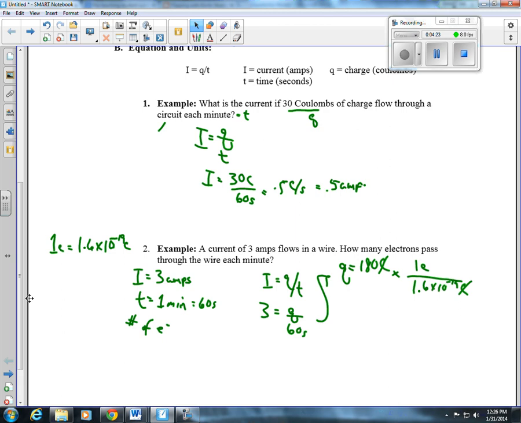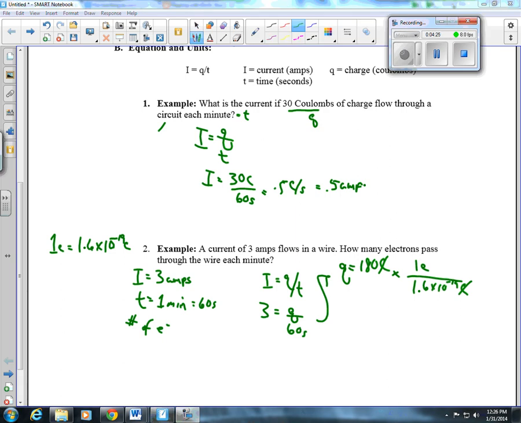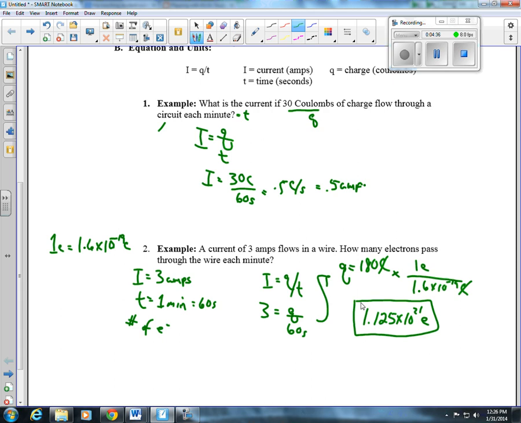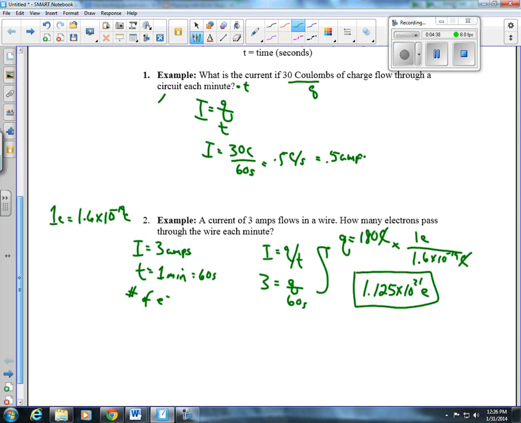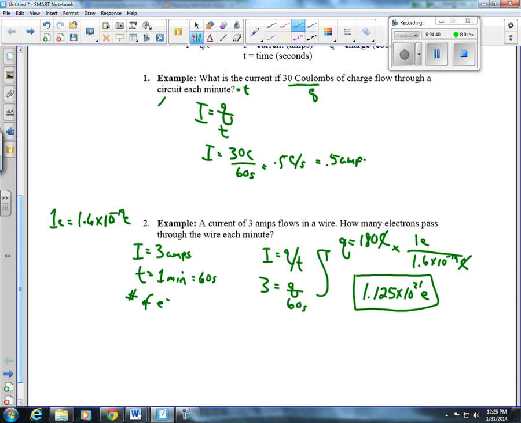So my answer is going to be 1.125 times 10 to the 21st electrons are flowing through that wire each minute. It's encouraging that you get a really big number for that because you should end up with lots and lots of electrons flowing through the wire.